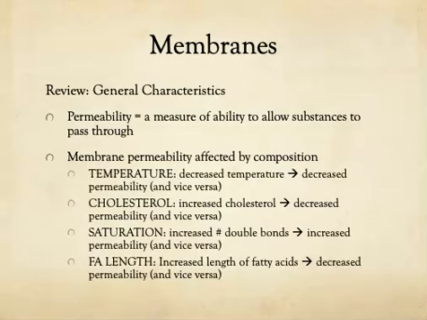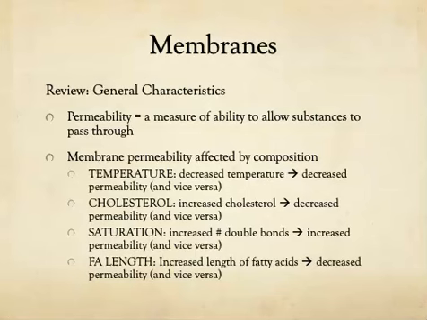So membranes are often described as being less permeable, which would mean they have less ability to allow things to pass through, or more permeable, meaning that things pass through them with greater ease.